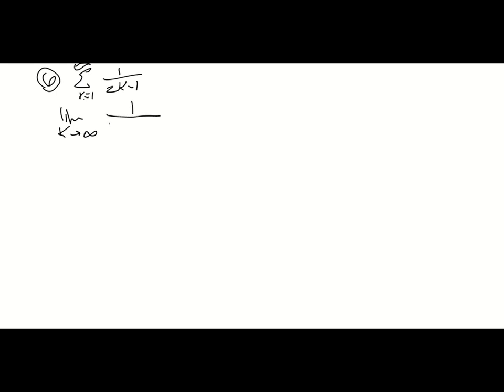So 1 over 2 times the quantity k plus 1 minus 1. And then we divide that by the original series, which means we multiply it by the reciprocal of the original series. So we'll say this is the limit as k approaches infinity of 2k minus 1 over, let's go ahead and distribute that to 2k plus 2, then minus 1 would be plus 1.